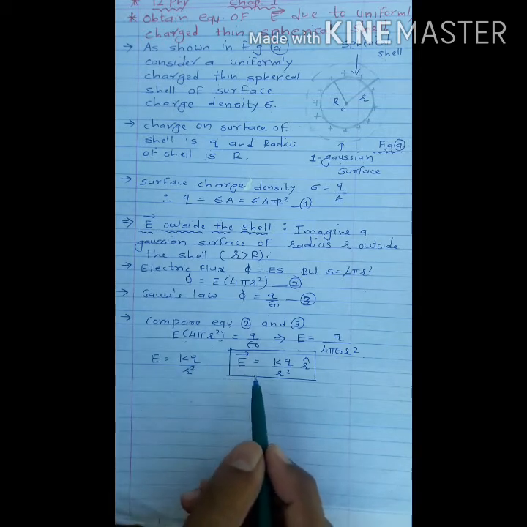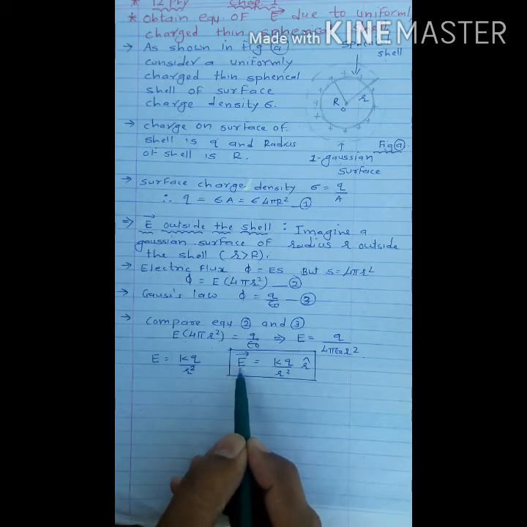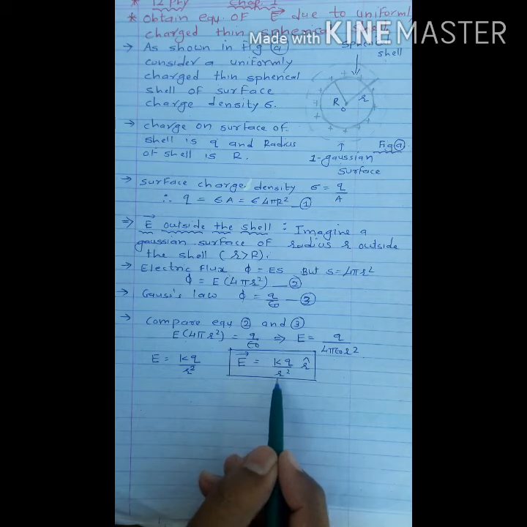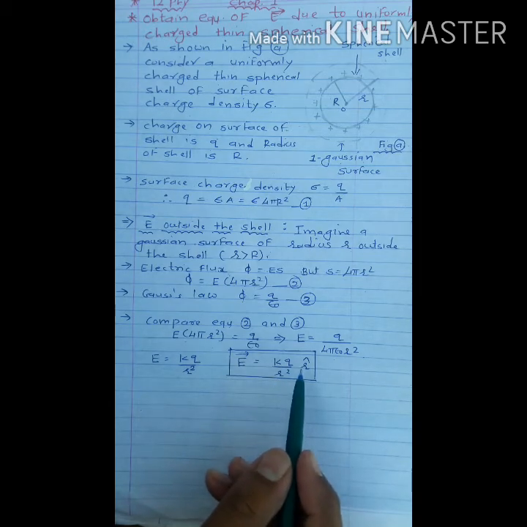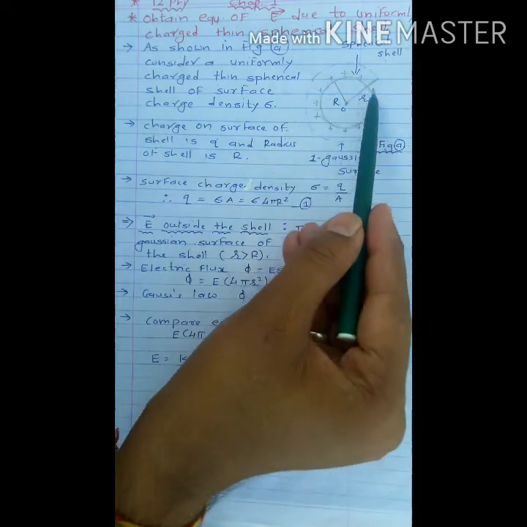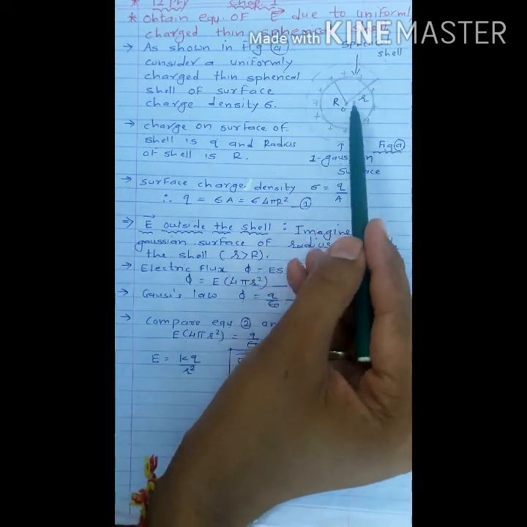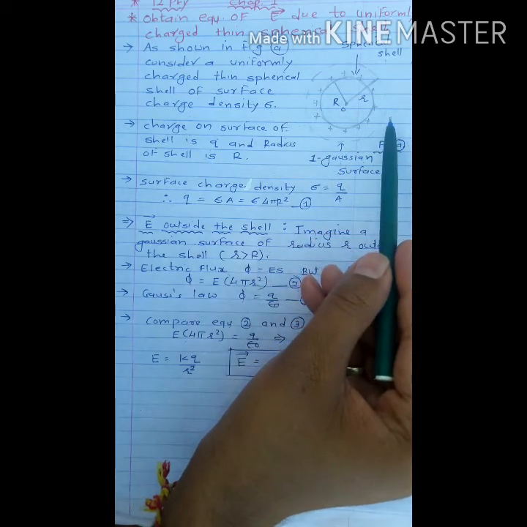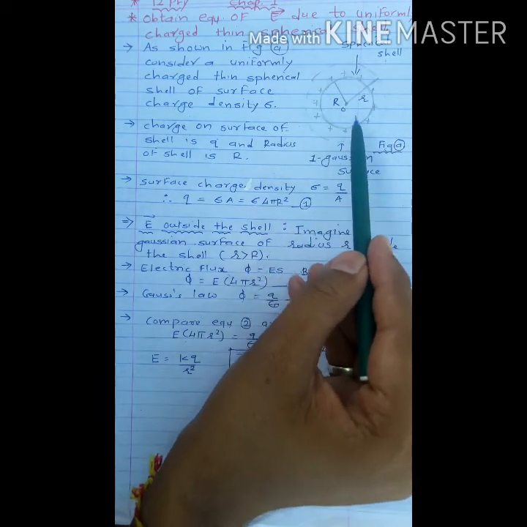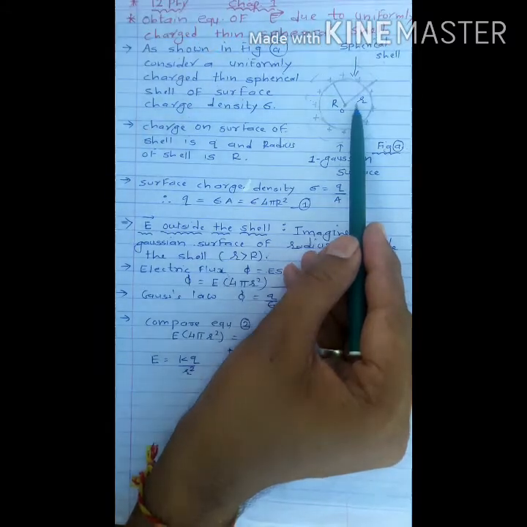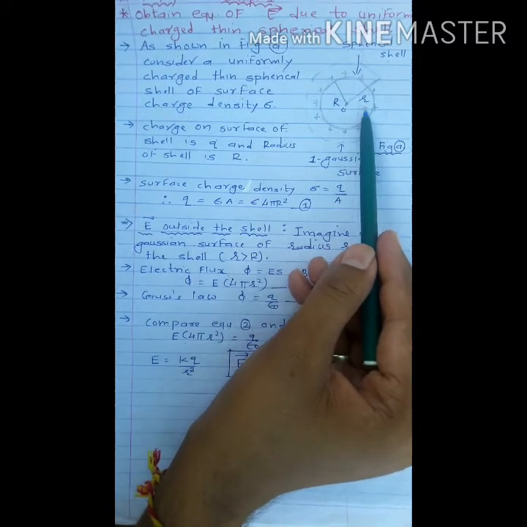We want the vector form, so here we use vector E is equal to Kq upon r square into r cap, where r cap represents the unit vector. For positive distribution of charges, the direction of electric field is radially outward, and for negative distribution of charges, the direction of electric field is radially inward.